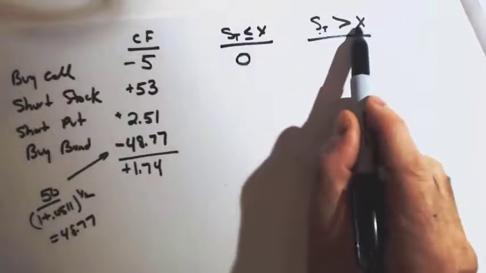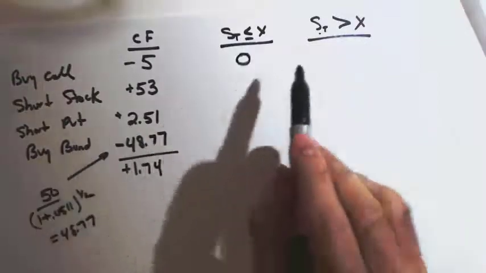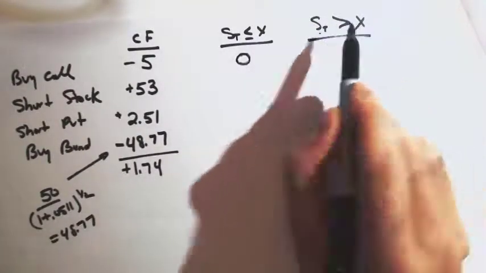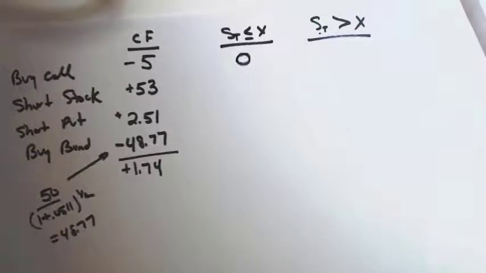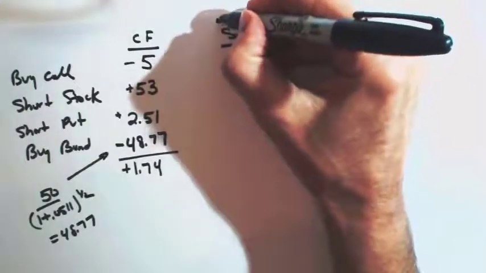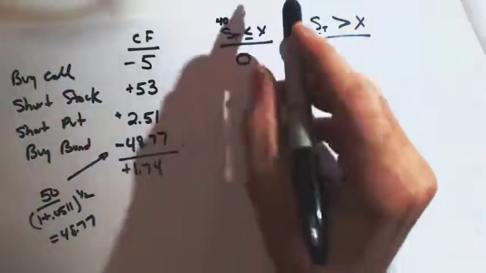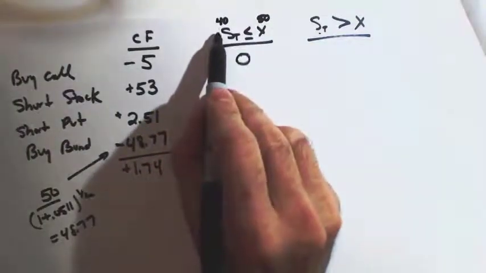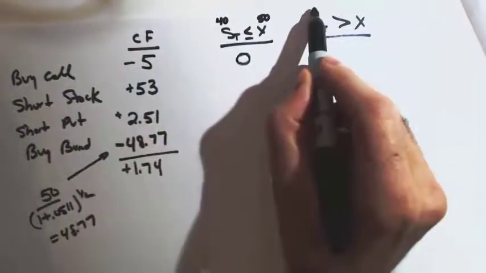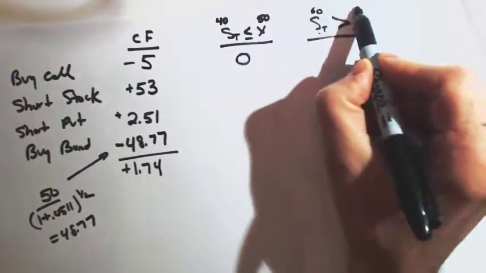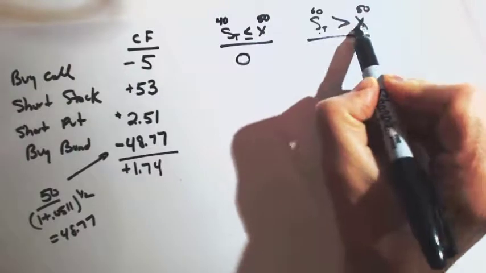And when the stock is above the strike, the payoff is going to be S minus X. Now, let's add a little bit of reality to it so we can wrap our heads around this a little better. Let's pretend the stock price is 40. So remember, the strike is 50. I'm going to assume that it's 40 in this case, and I'm going to assume it's 60 in this case, 60 right here.